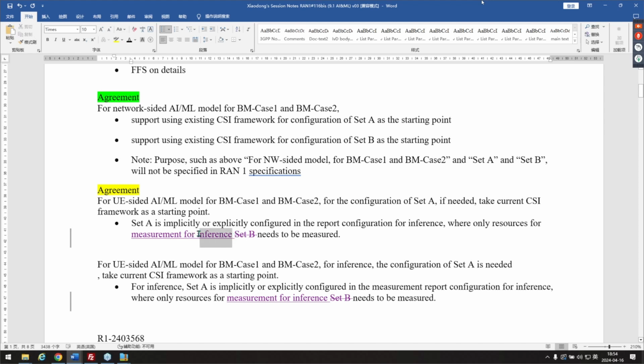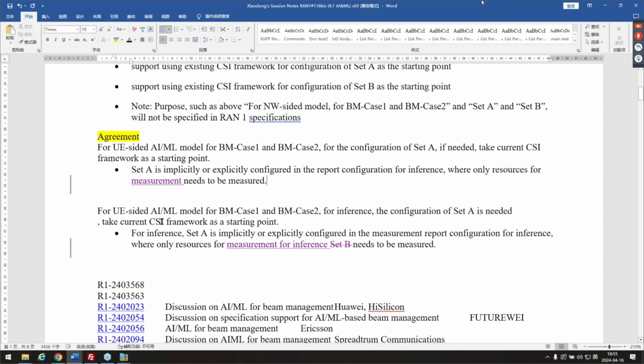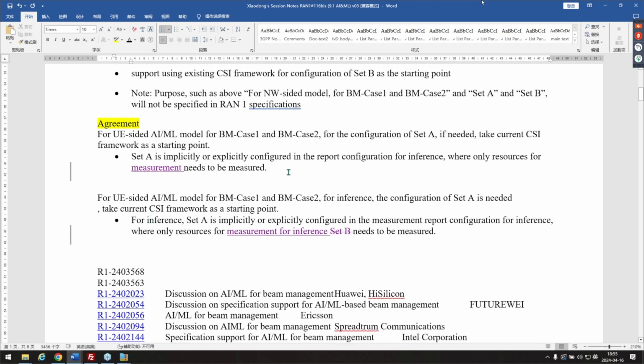Yeah. Maybe we can have an FFS for the sub-bullet. For this set A, implicit, which means it's open. Anyway, it's open. For implicit, explicit is open.